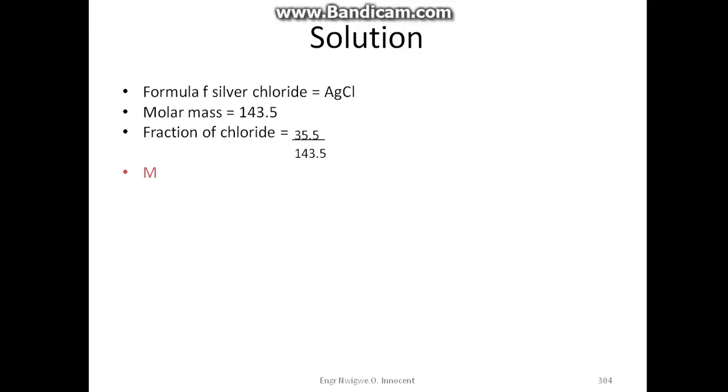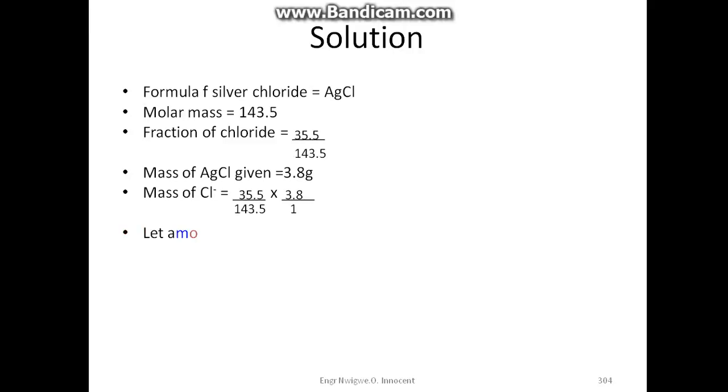The mass of silver chloride given is equal to 3.8 grams. Mass of chlorine is therefore the fraction of the chlorine times the mass of the silver chloride given, which is 35.5 divided by 143.5 times 3.8 divided by 1.